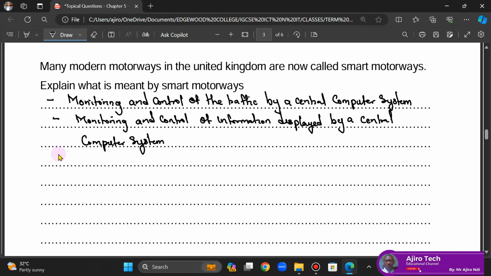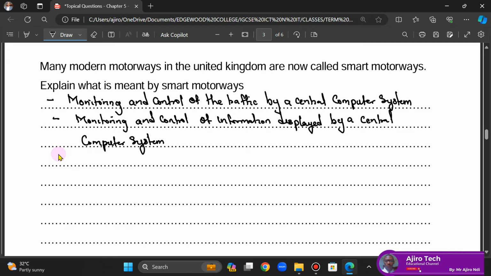The road is constantly monitored by a central computer to ensure that the traffic is properly controlled. Back then, when vehicles were navigated by humans, it was terrible because human error was a major issue.